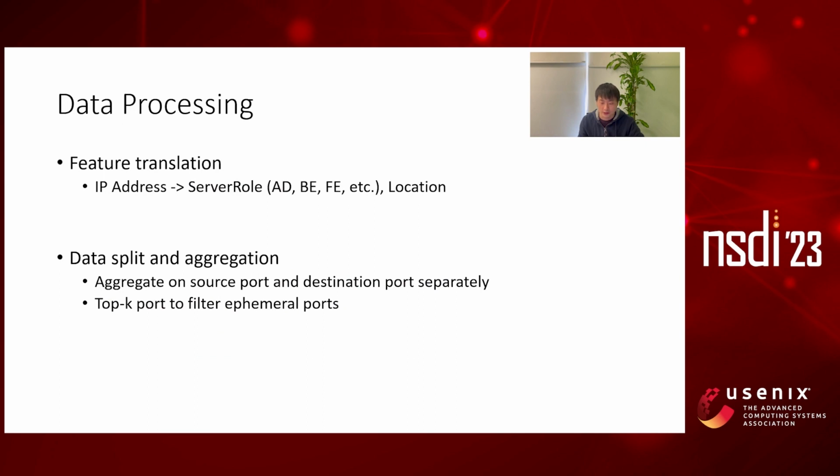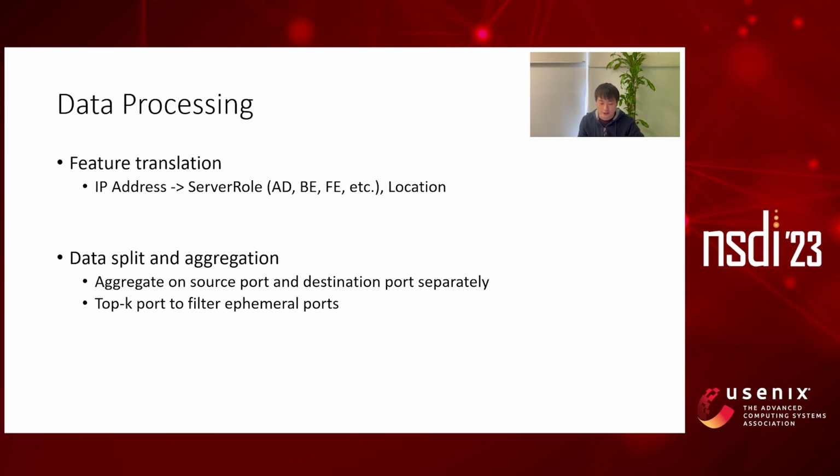For data processing, we cannot do a direct join for these data sources because each of them is at least in terabytes or even petabytes per day. Instead, we do feature translation, data split, and aggregation.